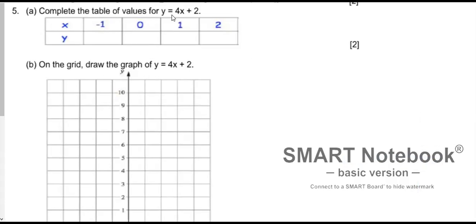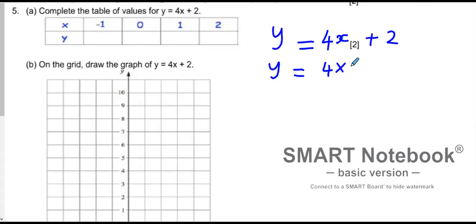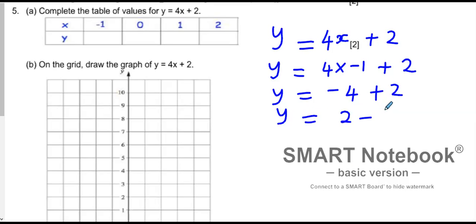Complete the table of values for y equals 4x plus 2. So y equals 4x plus 2, but what is x? X is -1. Y equals 4 times -1, which is -4, plus 2. Y will be equal to 2 minus 4, which is -2. So you write here -2.